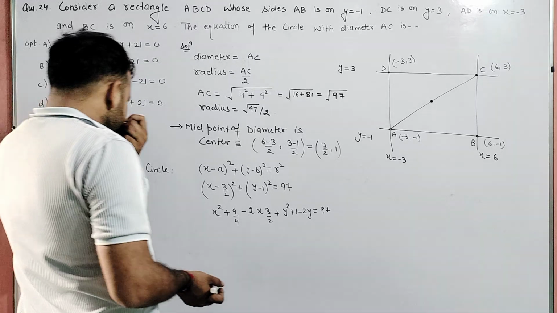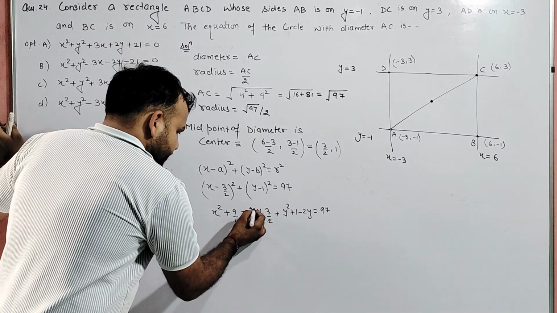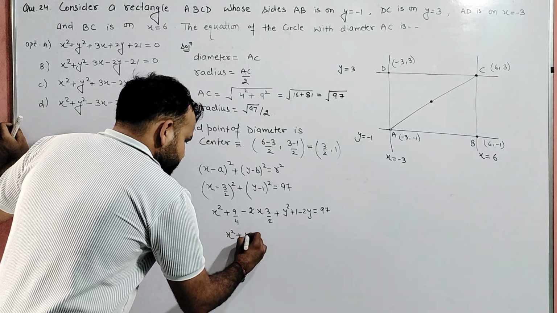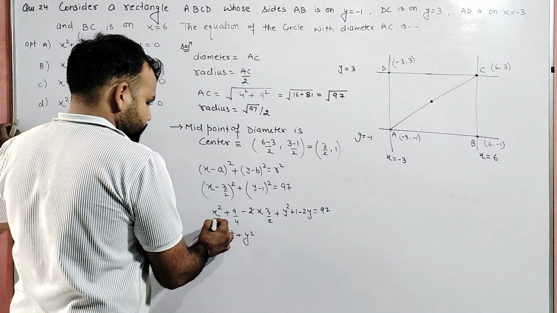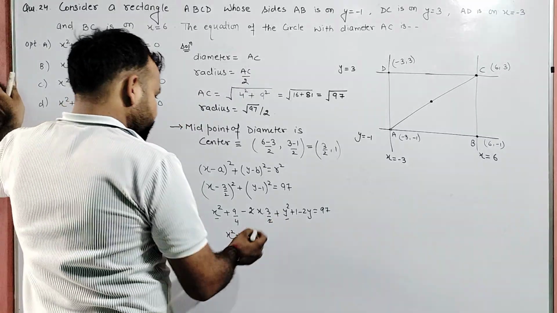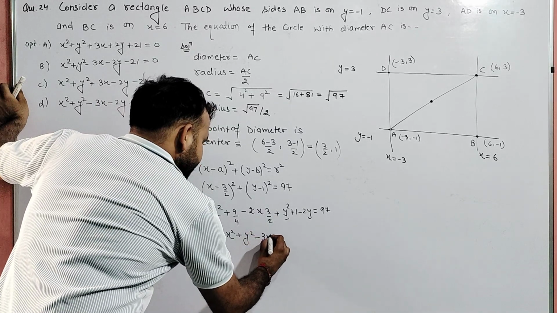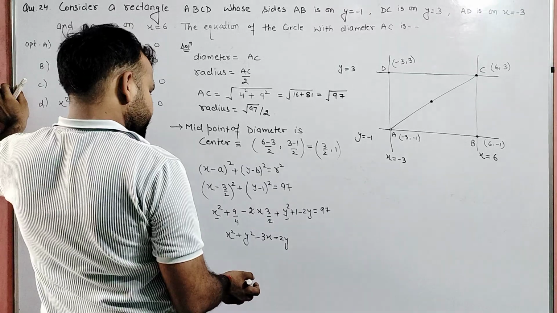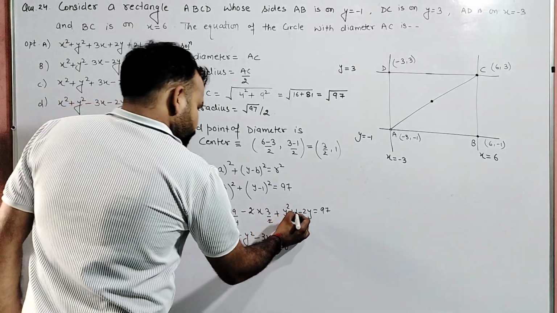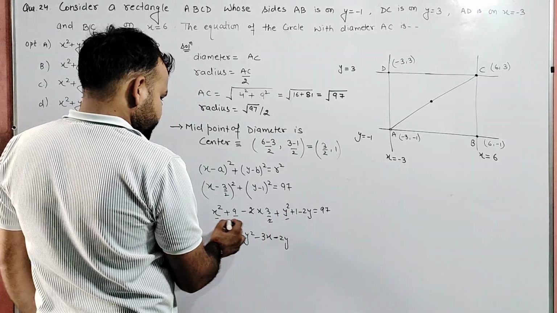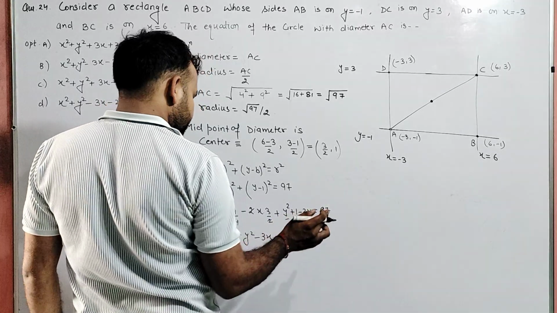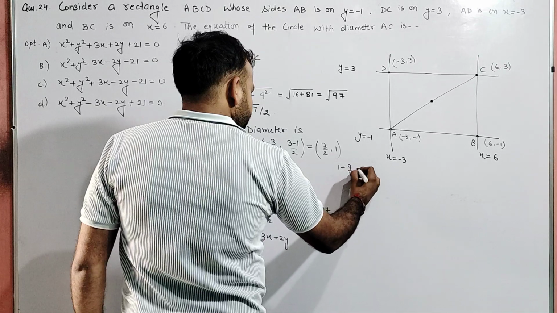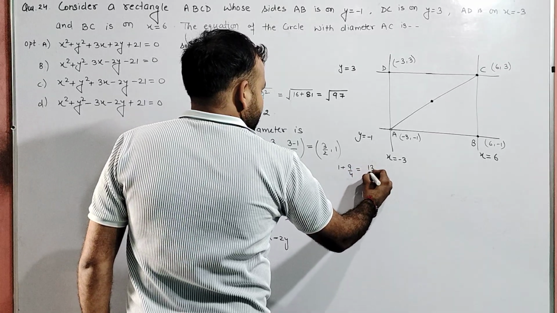Student, you can see that the 2 is cancelled out by this 2. So x square plus y square minus 3x minus 2y, plus 1 plus 9 by 4, that means 13 divided by 4.